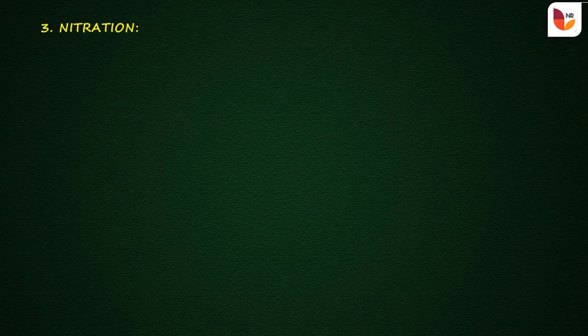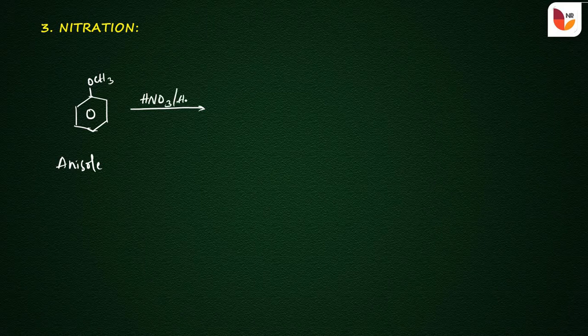Next reaction, that is nitration of anisole. The anisole, OCH3. So it is anisole. So this anisole undergoes nitration in the presence of a nitrating mixture, that is HNO3 in the presence of H2SO4. So it is called the nitrating mixture.